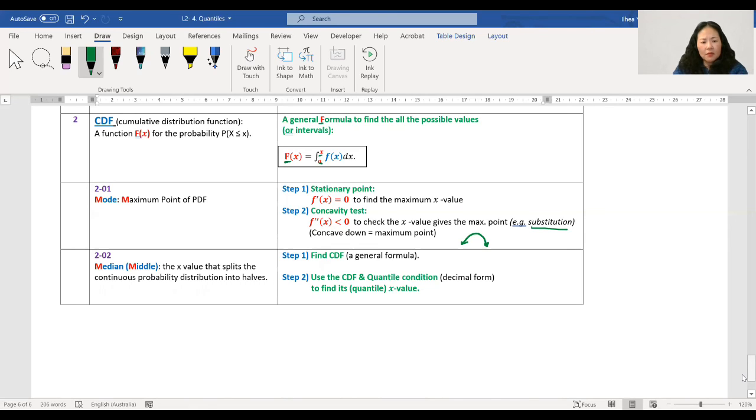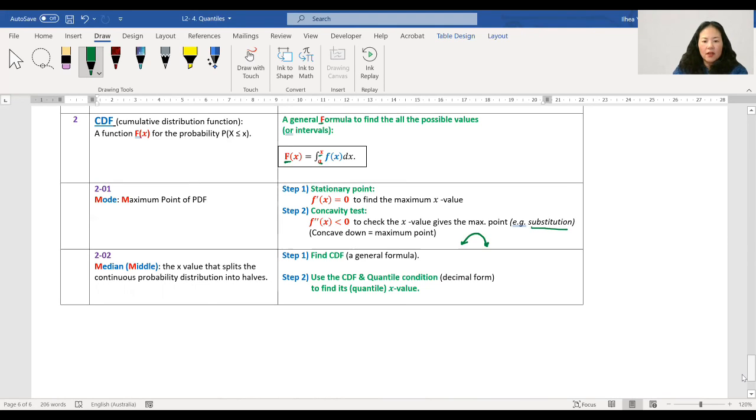Now today what we've done is the median. It's the middle number, so still it's M, a different M. Mode is the maximum point, median is the middle, so 0.5. But we're not going to find the 0.5, it's a part of it.